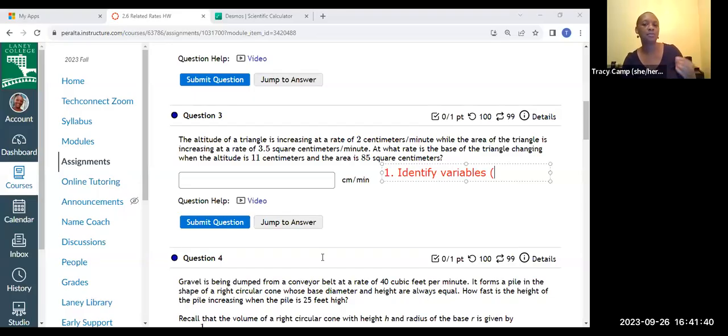But in this case, I want you to be really cognizant of the fact that what you identify as variables are going to be values that are changing within this situation. Think of the word variable. It has the verb to vary in it, V-A-R-Y. If I say something varies, I mean it changes. So when I say identify your variables, identify your values that are changing.